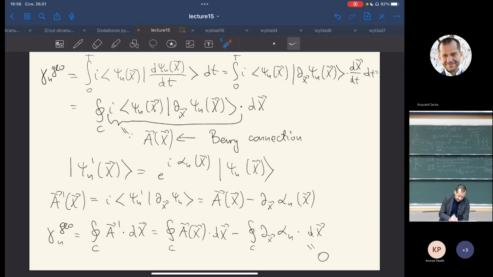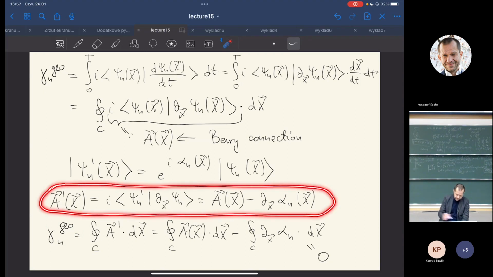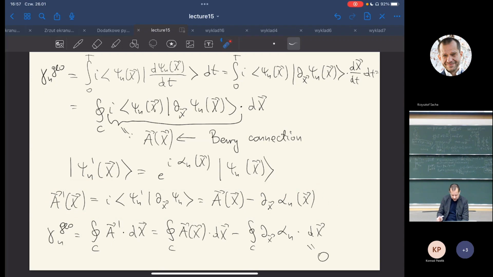And also, looking at this expression for how our Berry connection transforms with respect to the gauge transformation, we see the similarities to classical electrodynamics, because it transforms in a similar way as the vector potential. And that is why the Berry connection is often called the Berry vector potential. Okay, so this is one thing.